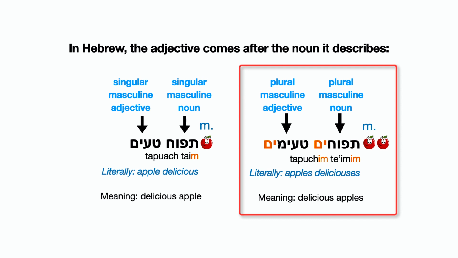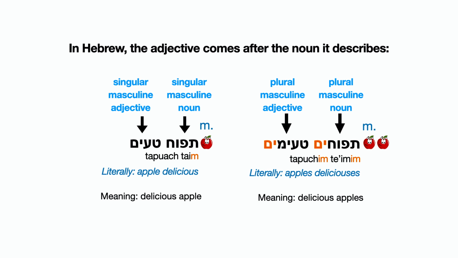Okay, tapuchim, apples. And we want to say they're delicious. We say te'imim. Okay, so the plural version of this adjective is te'imim. Tapuchim, te'imim. Tapuach, ta'im. Delicious apple, delicious apples.